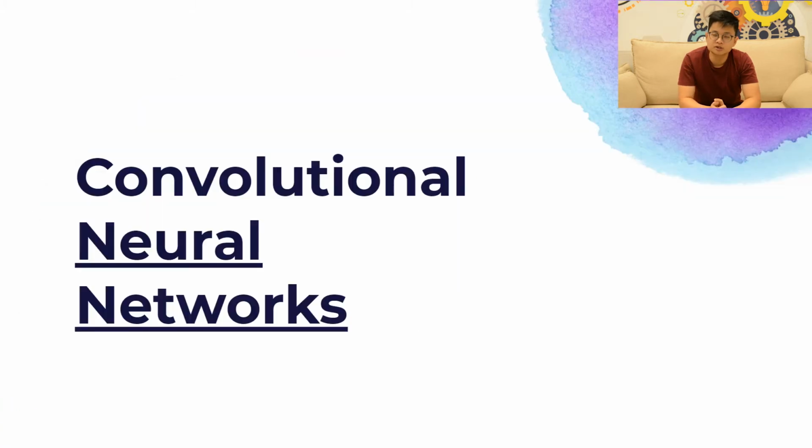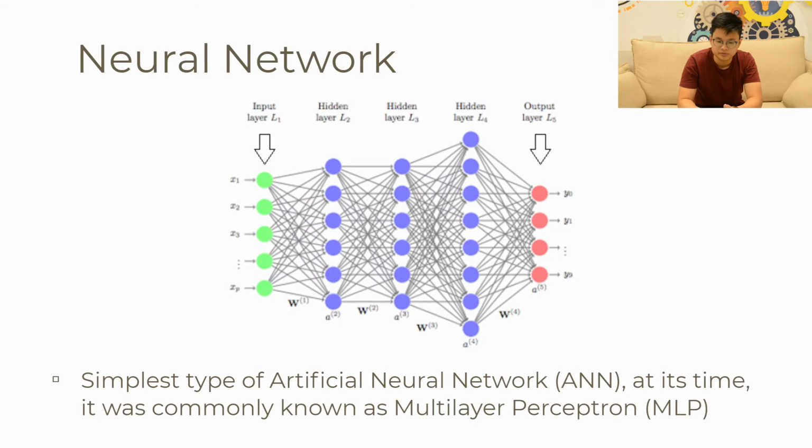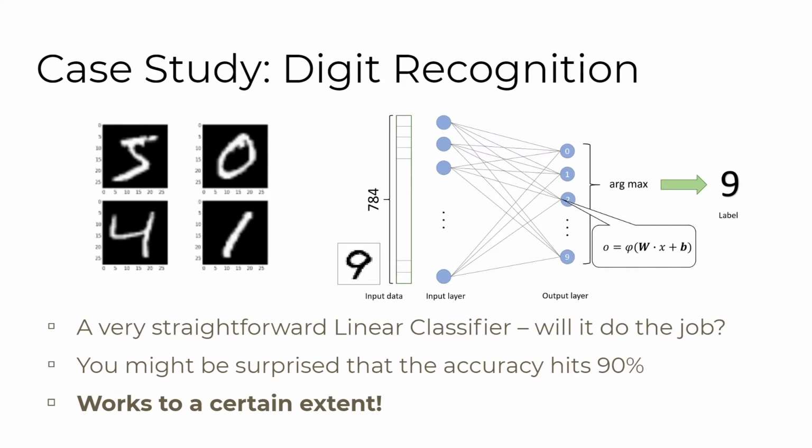I'm sure at this point you have heard of the term neural networks, but you may be unfamiliar with the term convolutional. So this is what a neural network looks like. The simplest type of artificial neural network is called a multi-layer perceptron.